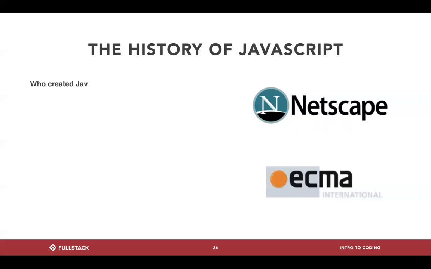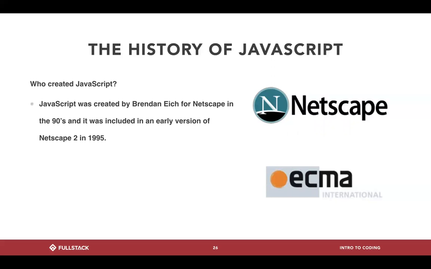So the history of JavaScript. JavaScript was created in 1995 by a guy named Brendan Eich for a company called Netscape. And it was included in the early version of Netscape 2. They wanted a language that would keep doing stuff, and that even if it errored, it would keep on running, right?